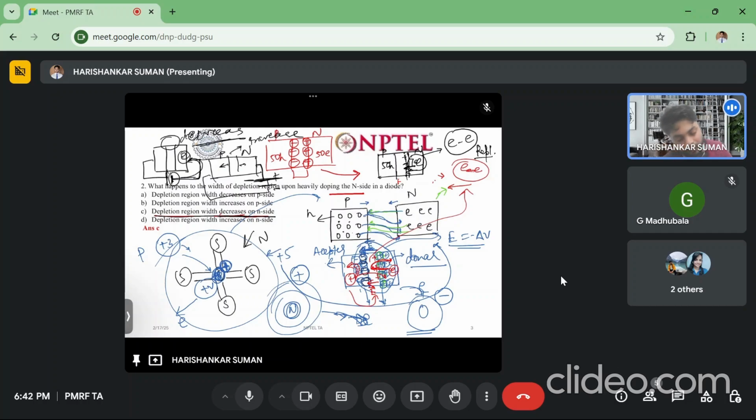If the electron count is higher, the negative charge is higher on that side. Same phenomenon. This is called forward biasing, and in forward biasing the depletion width decreases.